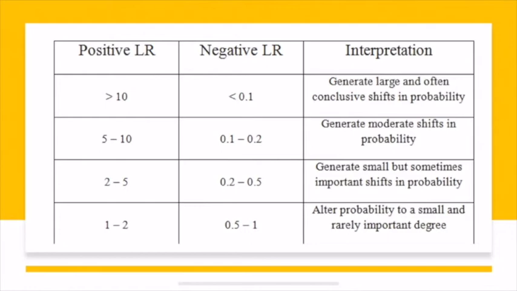Now, you have more moderate shifts with lower numbers. Again, we're getting closer to 1. Moderate shift with numbers that aren't quite as strong as the first row. Even getting closer and closer to 1, you get small shifts, but those could be important. Again, where you have more of an intermediate probability, or in a case where you have a pretty low probability entity, you could see small but significant shifts in the chance that someone has a disease.